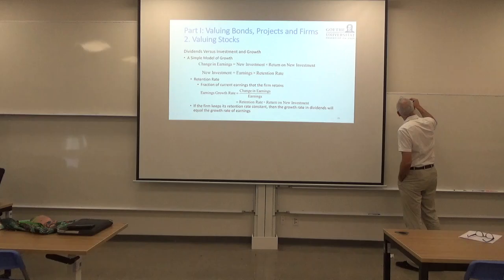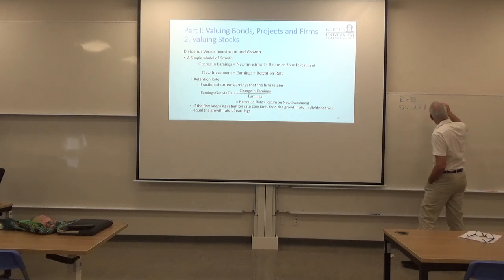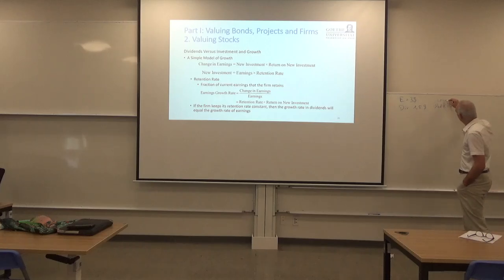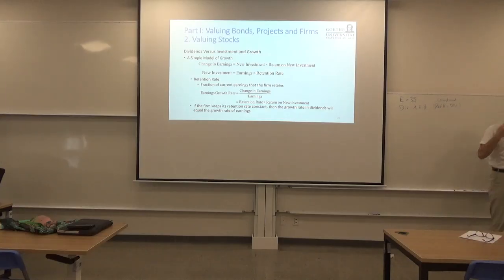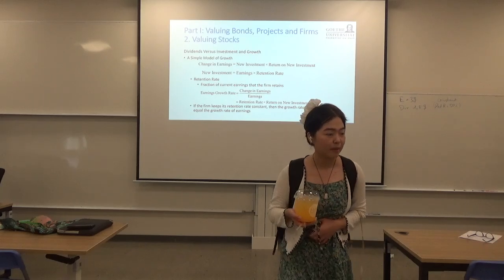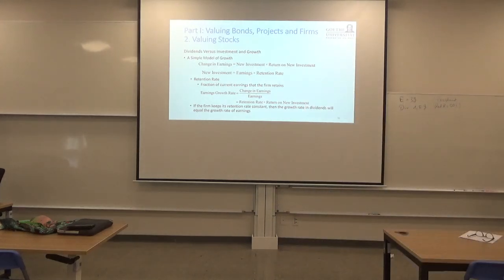Suppose a firm has earnings of $3 and a dividend of $1.5, and suppose that it applies a constant retention rate of 50%. So every year it plans to pay out 50%.